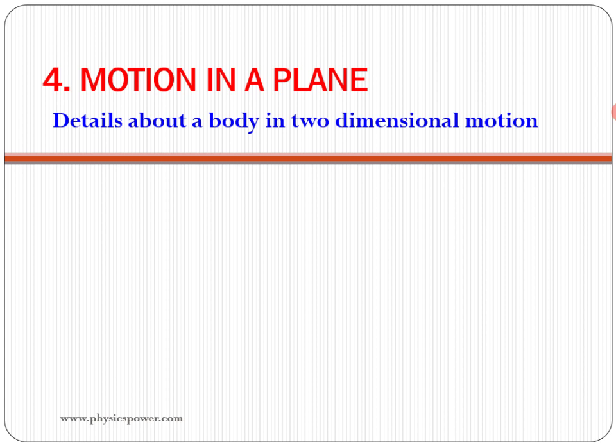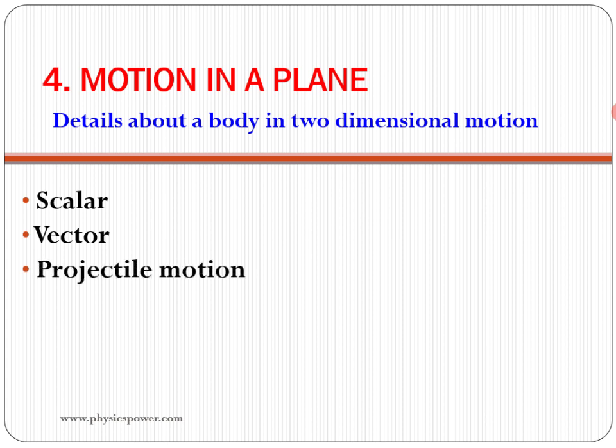In this lesson the concepts of scalar and vector, that differentiation, will be there, as well as much information about vectors, and the vector product, the dot product, will be covered, and in the coming lessons the cross product is also covered.